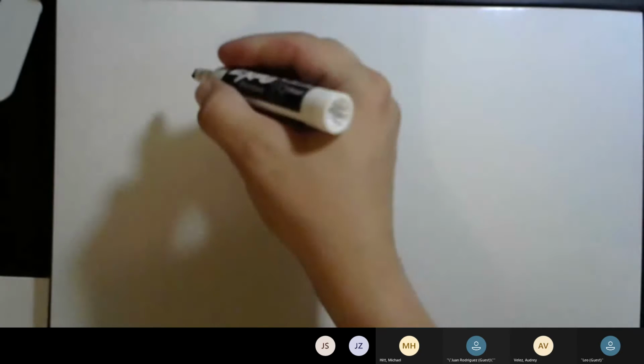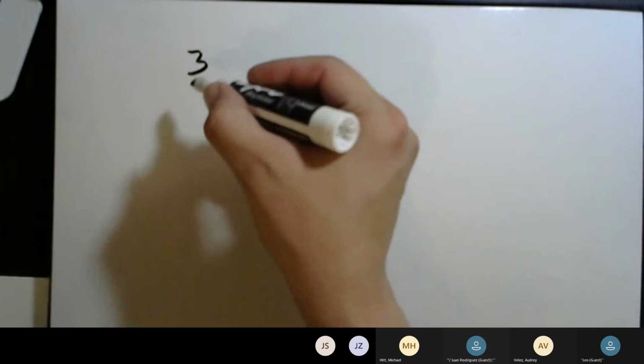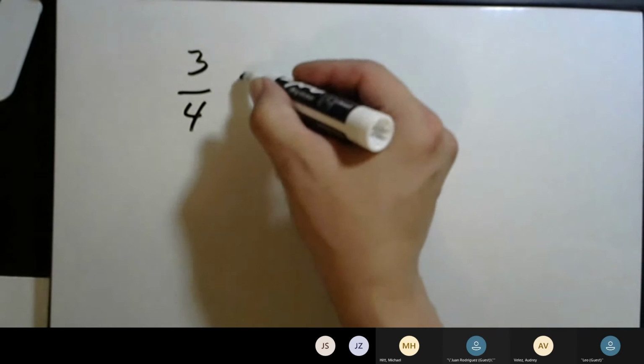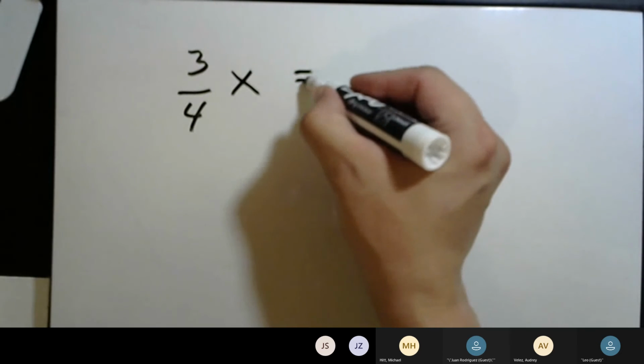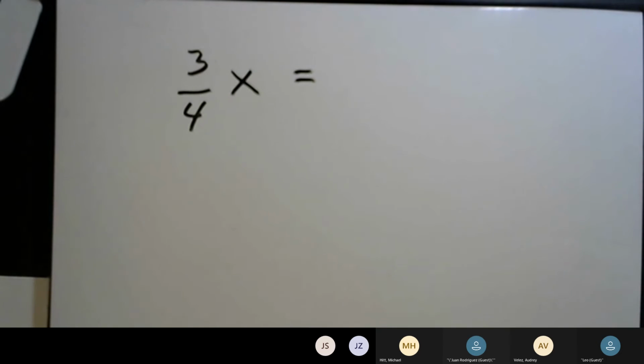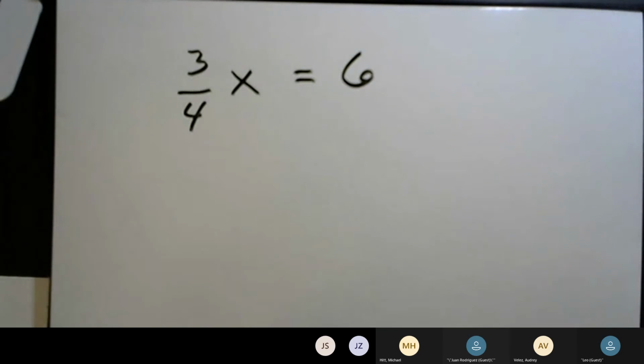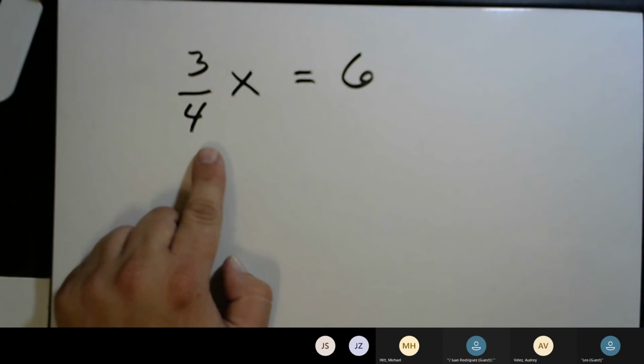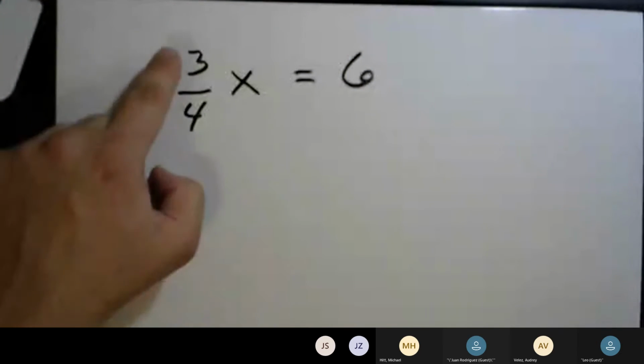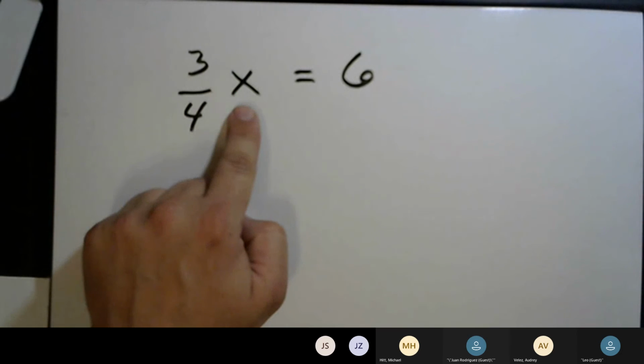So let's say we have 3/4 x equals, let's see, 8. 6. We'll go with 6. We could divide by 3/4. That would be perfectly fine. This is 3/4 times x.